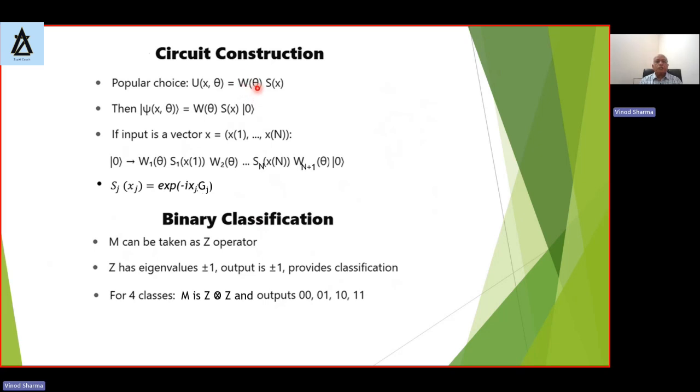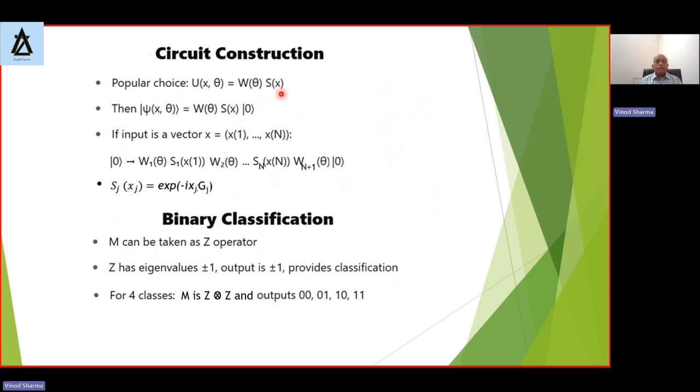This quantum circuit is a parameterized circuit, which will take input x and give a circuit. Then phi(x, theta), which is the output state obtained by using U(x, theta) on |0>, is given by W(theta) S(x)|0>.